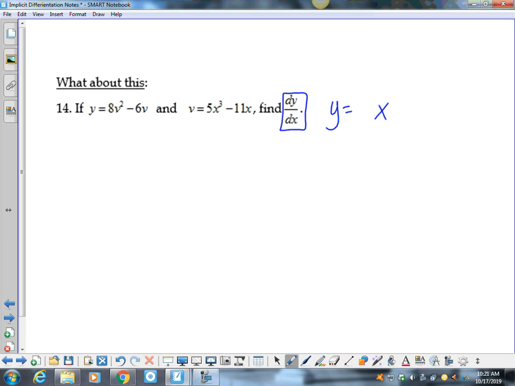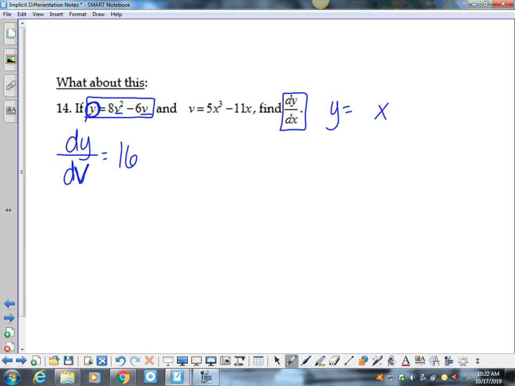When I take the derivative of this function right here, that's going to be the derivative of y with respect to v. So that's going to give me dy dv. And then because I'm taking the derivative with respect to v, I don't have to do anything weird on the right-hand side.